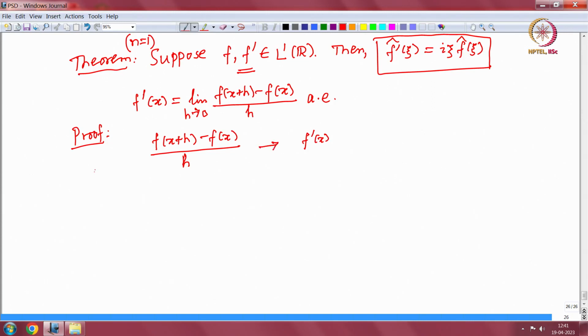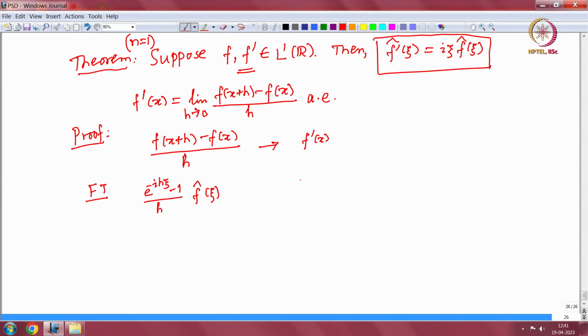Now you take the Fourier transform. We have already seen that this is just translation. So, that gives me minus I h j, this is just minus 1 by h, and this is just f cap j.